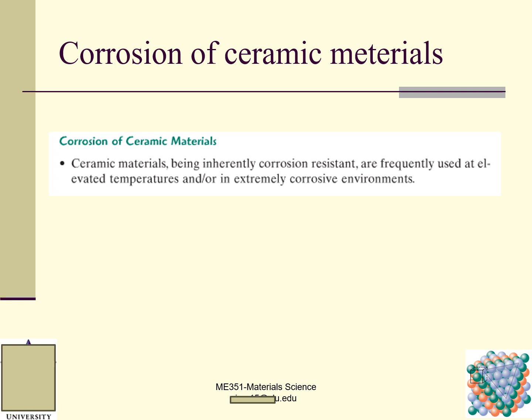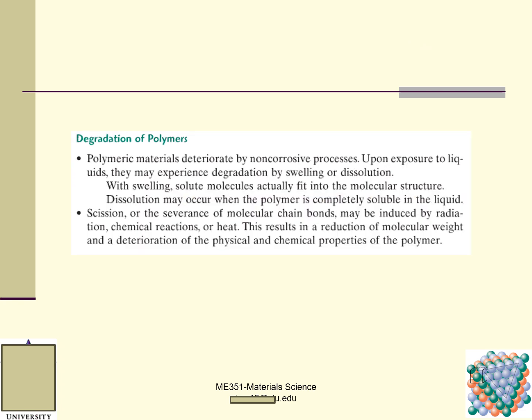And corrosion of ceramic materials. Ceramic materials, being inherently corrosion resistant, are frequently used at elevated temperature and or in extremely corrosive environments. This is a very beautiful property of ceramic materials. And then we talk about the degradation of polymers. Polymeric materials deteriorate by non-corrosive processes.